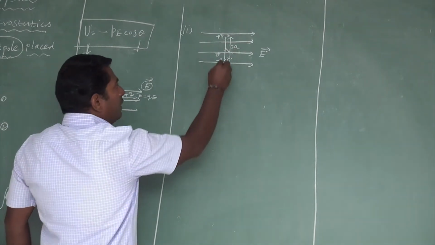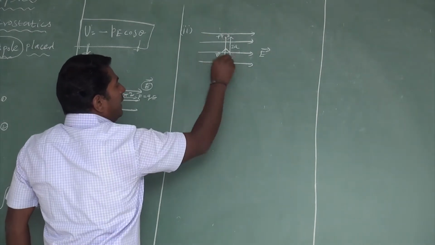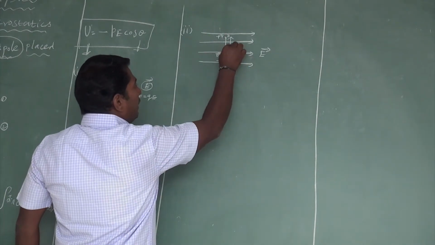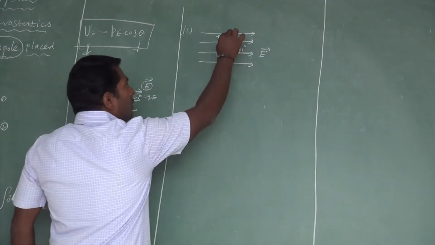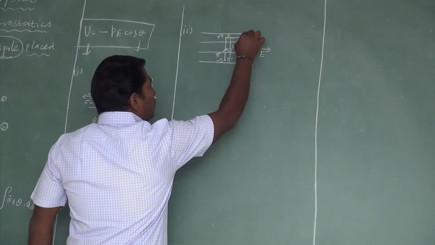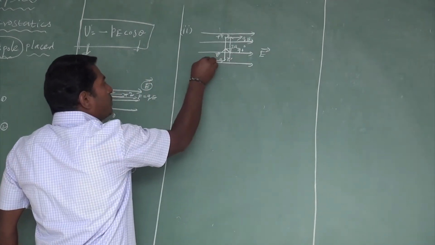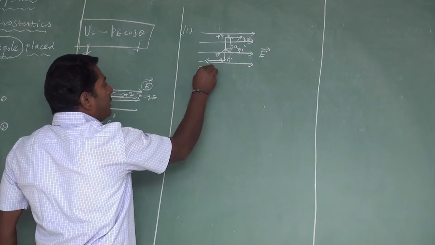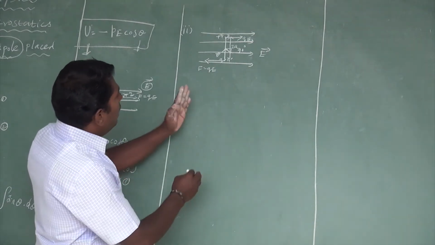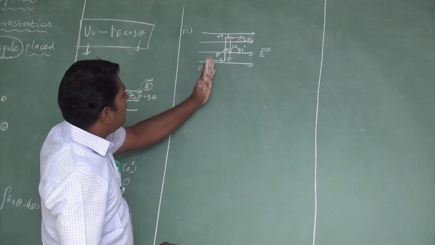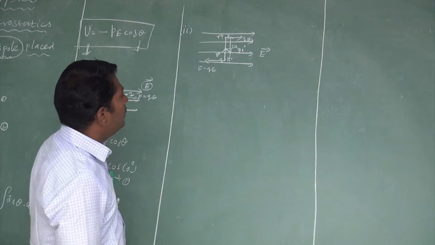In this position, the angle between the direction of the electric dipole moment and the direction of the electric field is a right angle, 90 degree. Here also, the positive charge experiences force along the direction of the electric field, and the negative charge experiences force opposite to the direction of the electric field. So in the second case, the electric dipole axis is perpendicular to the direction of the electric field.